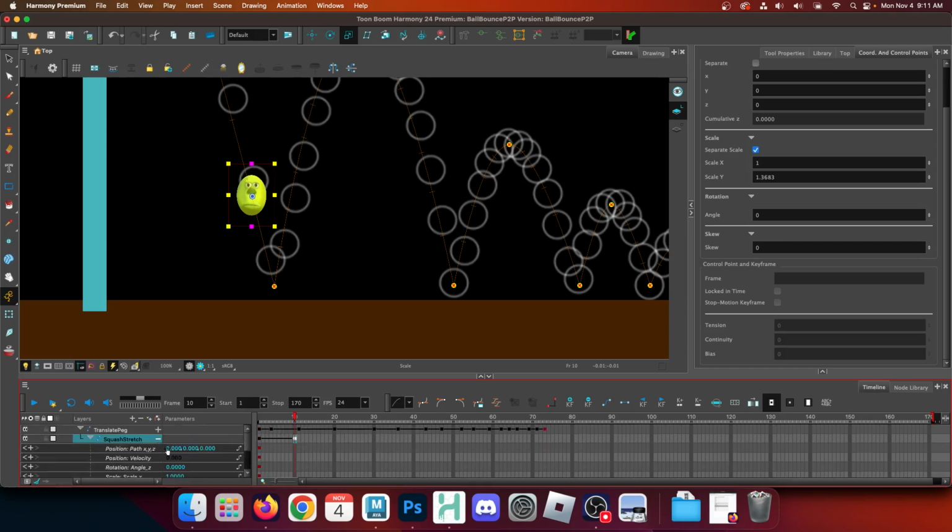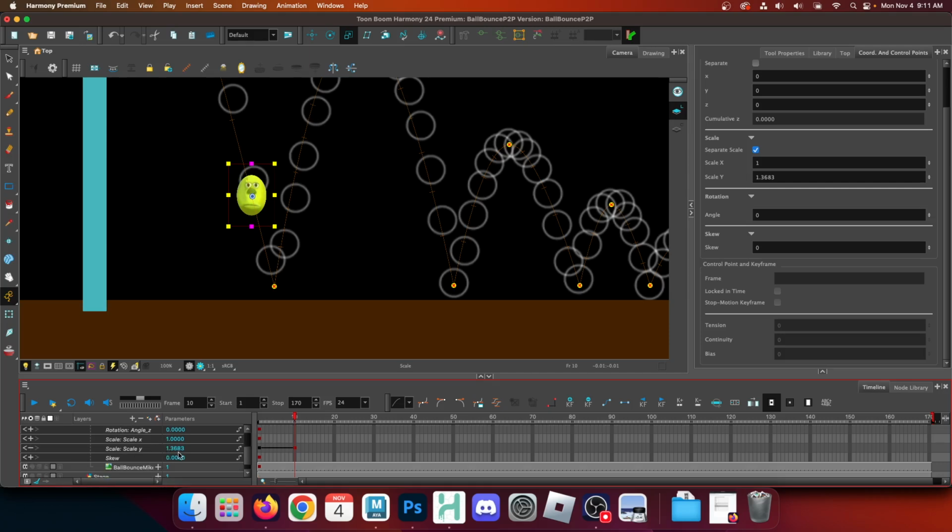If I open up my little squash and stretch channel settings here, the little plus sign, it tells me exactly how much I scaled my ball by. It's telling me down here that I've scaled it by 1.36, right? So this is stretched out 36% more than it was originally.